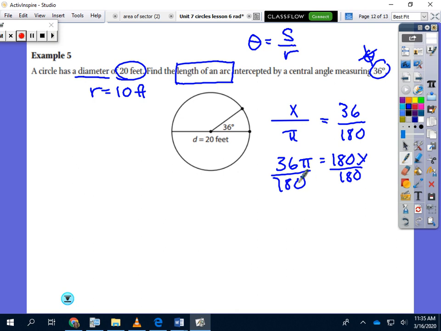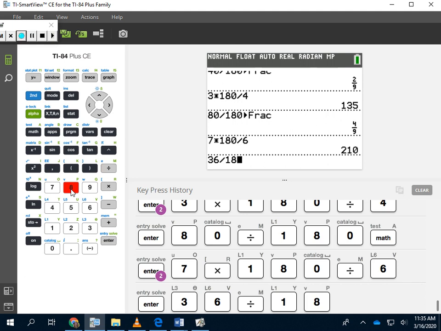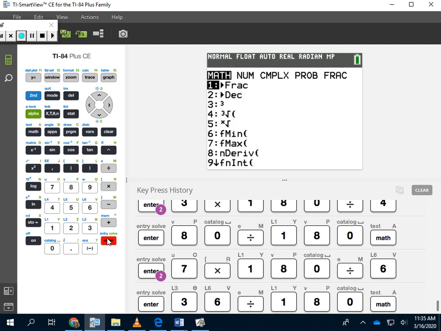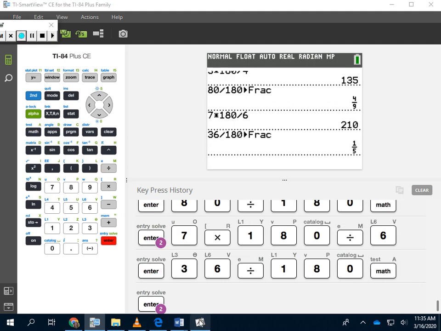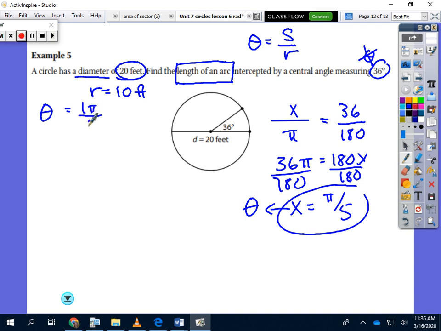So 36 over 180 reduces to 1/5. So this will just be pi over 5. So that's not the end, that just gives us our theta. So now I know theta is pi over 5, or 1 pi over 5.